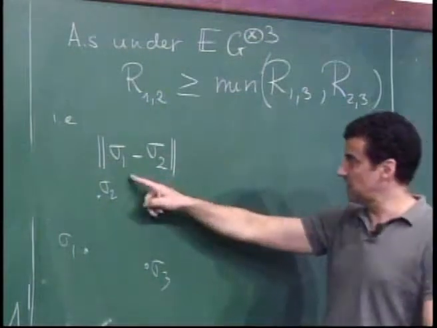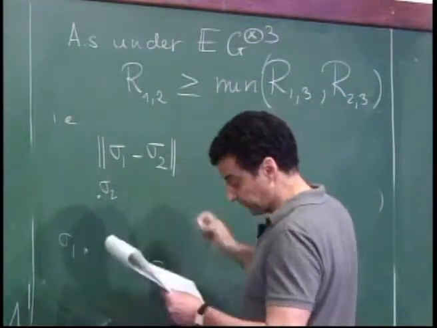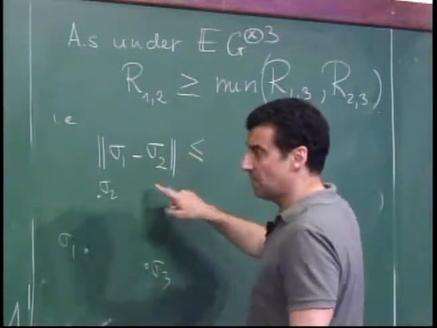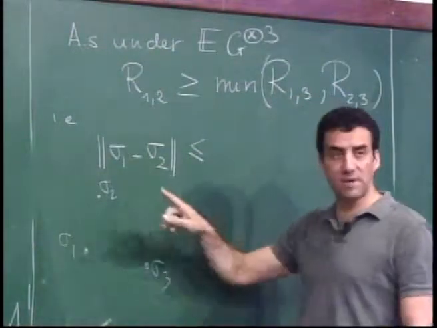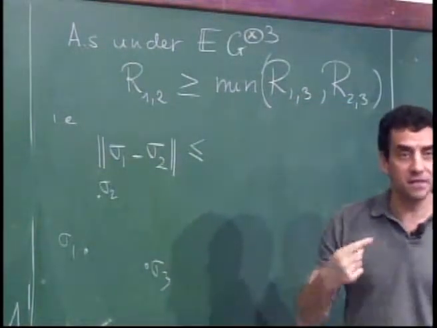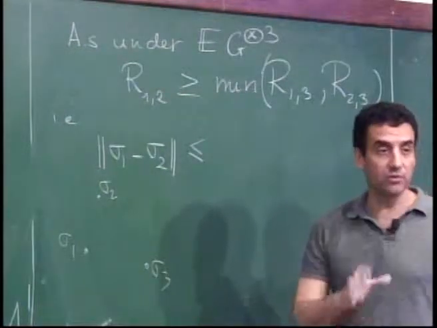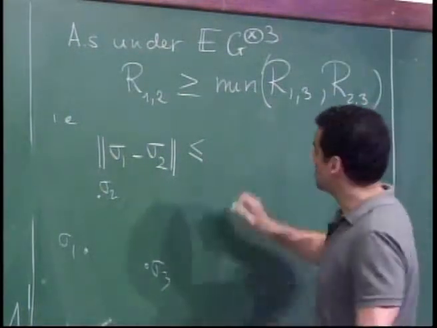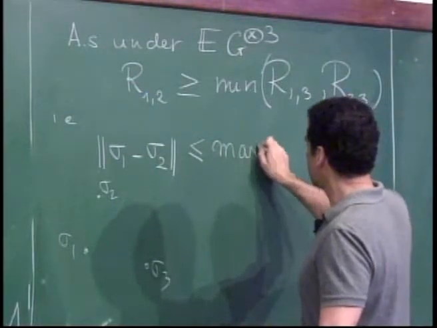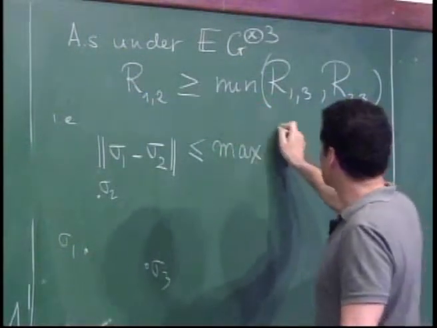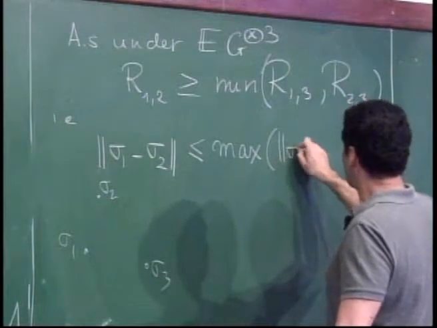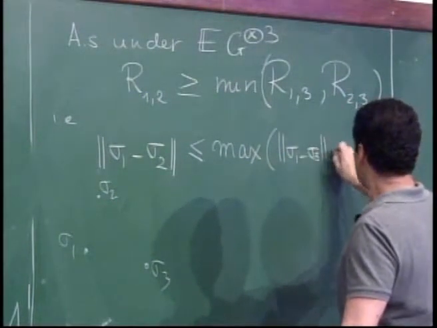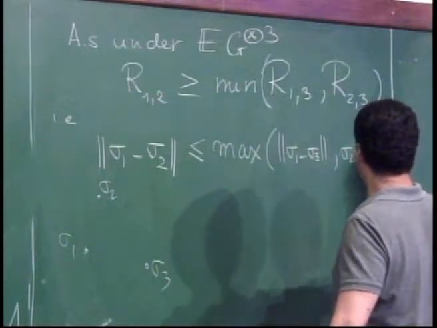Well, this says that the distance between sigma 1 and sigma 2 is always smaller. Remember the formula was there. The distance squared is something minus R12. So every inequality for overlaps is reversed for distances. Smaller than the maximum, because you have a minus sign, this min becomes a max, of the distances between 1 and 3 and the distance between 2 and 3.